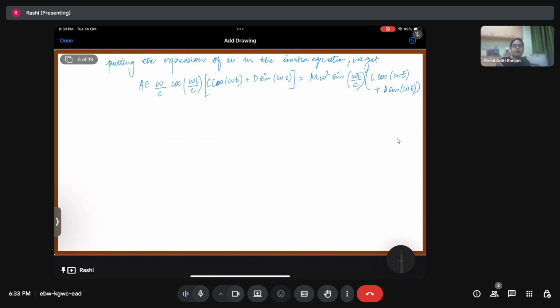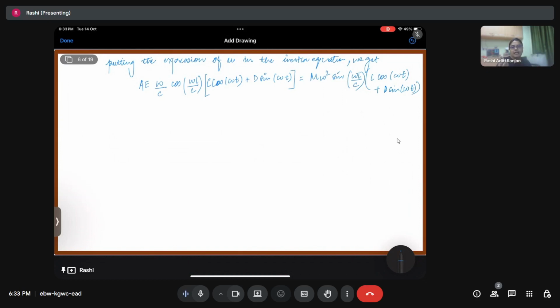Now, C cos omega t plus d sine omega t is present on both sides. So we can just cut it out. Or what we can do is bring the right hand side towards the left hand side, take it common, and then see that this total term should be equal to 0. Now, C cos omega t plus d sine omega t cannot be equal to 0.